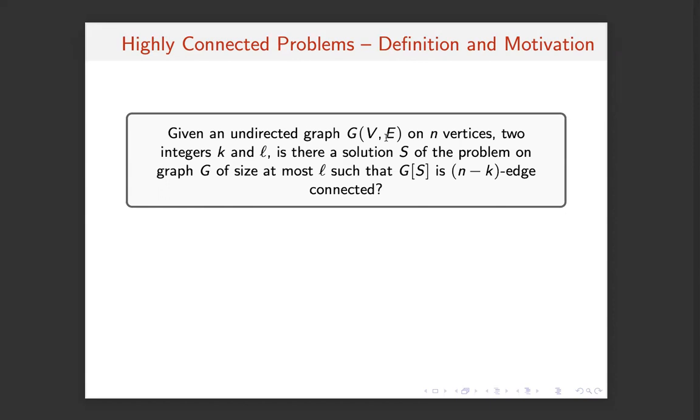That is, any two vertices in G induced on S share n minus k edge disjoint paths.